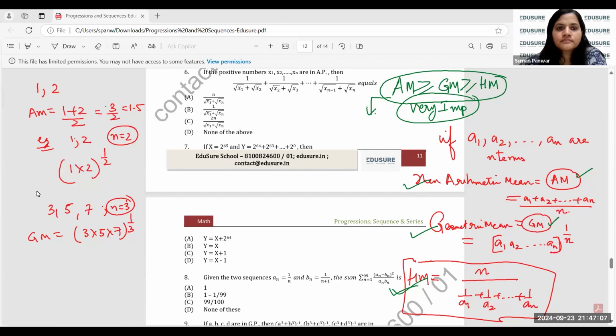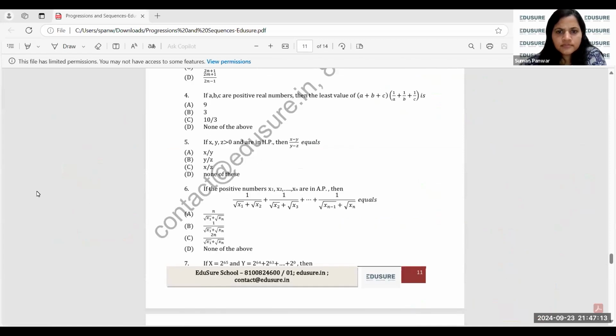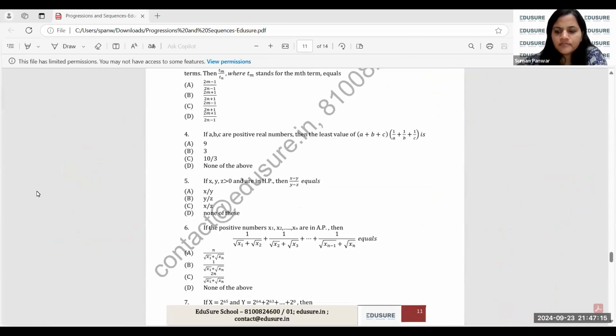Question for you. Yeah, let's see. Let's look at question number 4. If a, b, c are positive real numbers. So whatever the formulas for arithmetic mean, geometric mean, and harmonic mean I've given to you, those are for positive numbers only. Please add. So what is the least value of this? Okay.